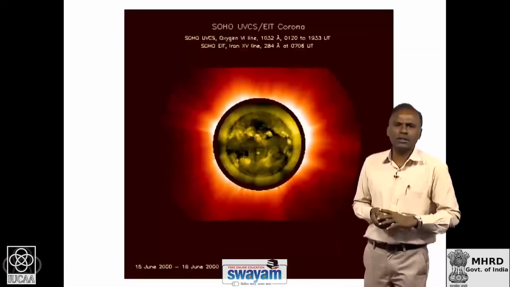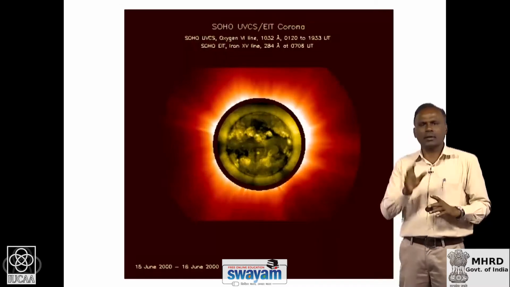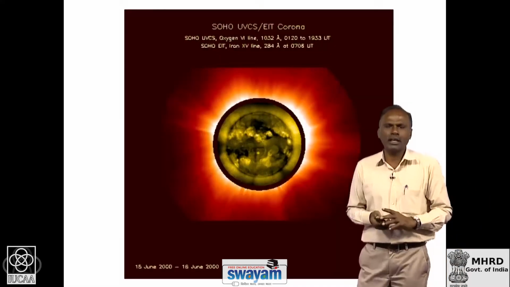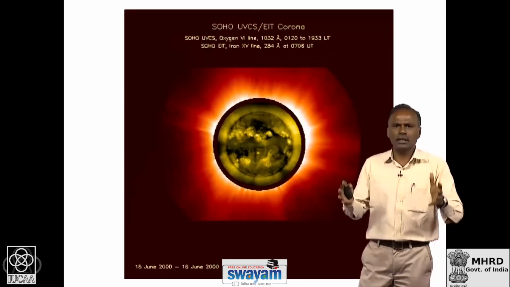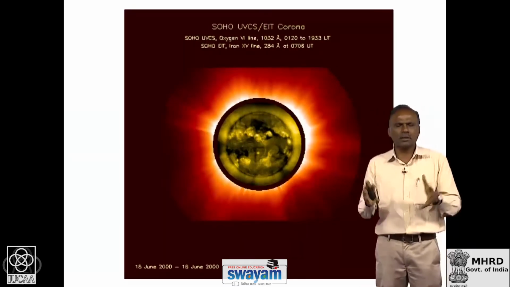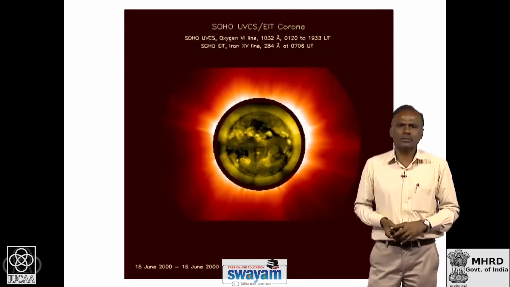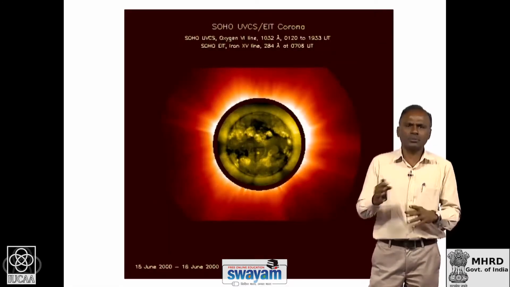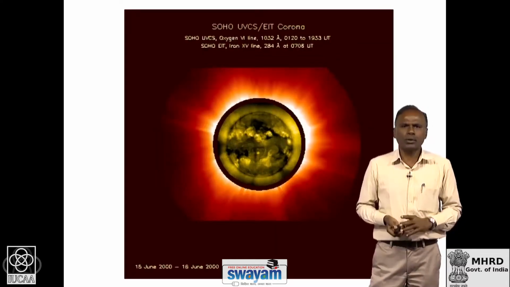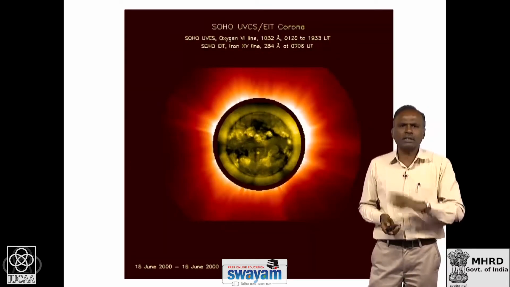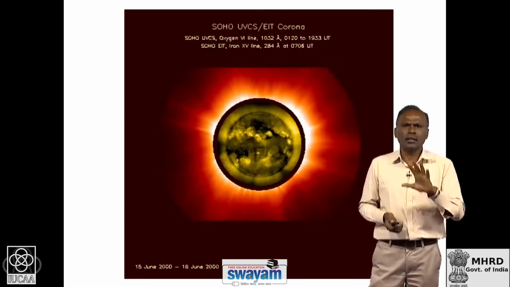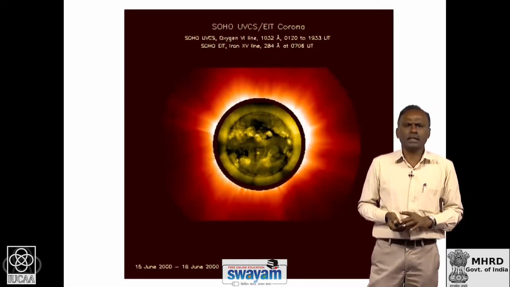Okay, this picture shows the corona during solar maximum. You can see that during solar maximum, the corona is somewhat symmetric with respect to the south and north pole, and the central picture is an extreme ultraviolet image embedded with the EIT corona.